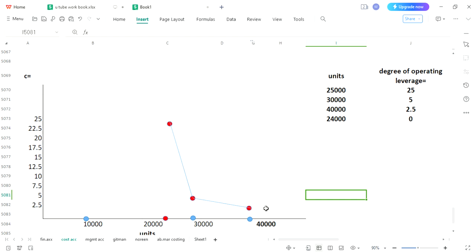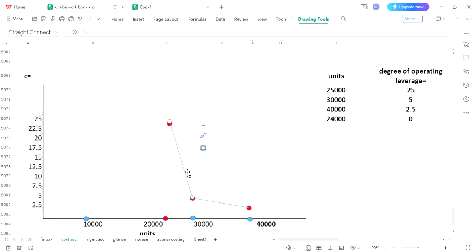Otherwise, if you want to make a graph, you can make it like this. Take it over here, and the second line would be present over here. In this way you can complete your graph. Otherwise, since at 24,000 we had a degree of operating leverage of 0, it was not possible to mention it.